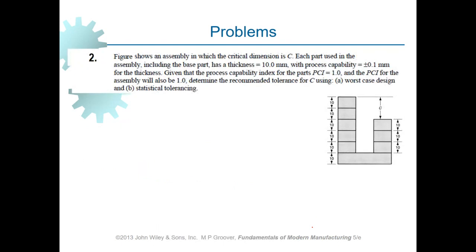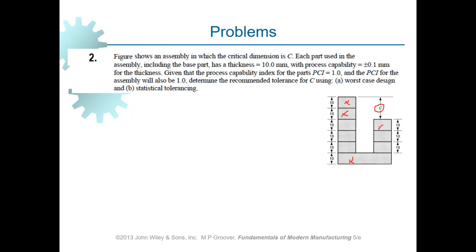This figure shows an assembly in which the critical dimension is C. Where is the critical dimension? Right here. This is the critical dimension in the assembly. Each part used in the assembly, including the base part, has a thickness of 10 mm with process capability of plus or minus 0.1. So each one of these parts here, there are 9 parts altogether, including the base part.